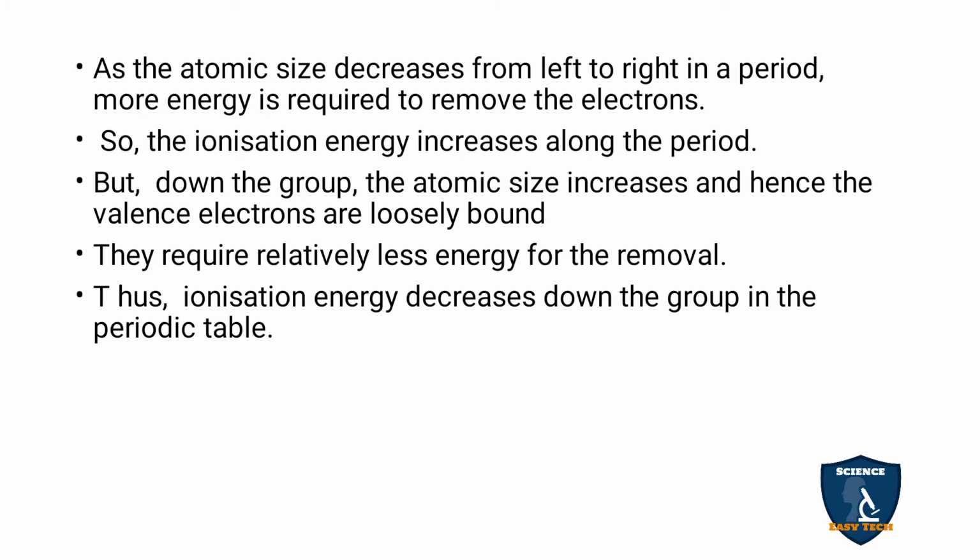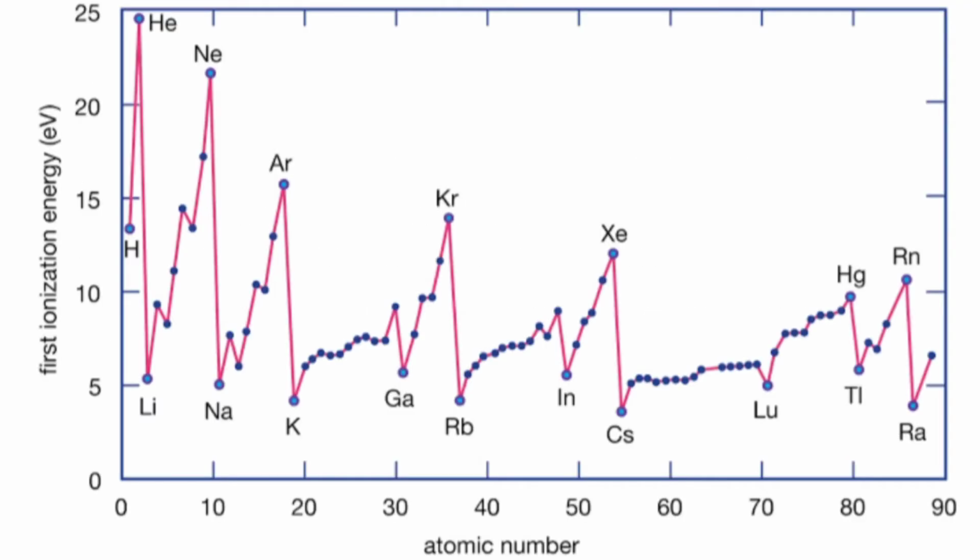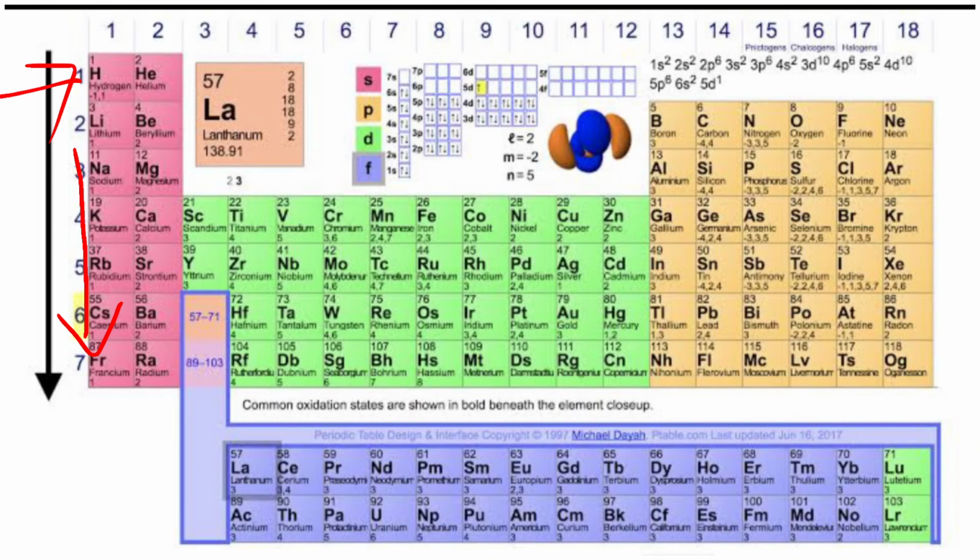Thus the ionization energy decreases down the group in the periodic table. According to the period, the ionization energy increases along the period, but in a group it decreases.